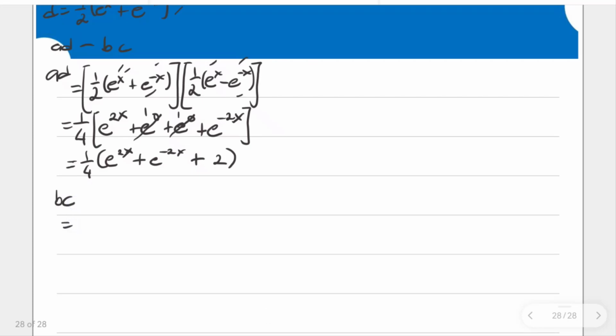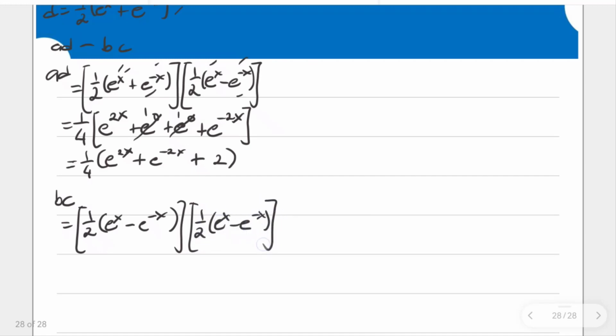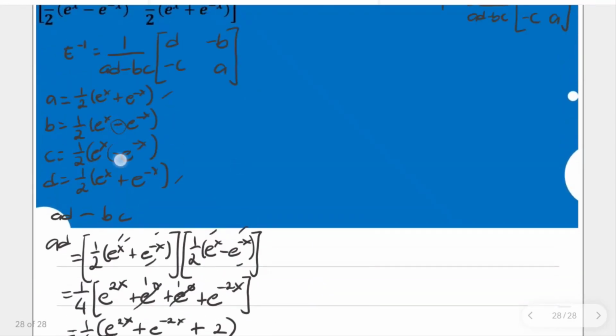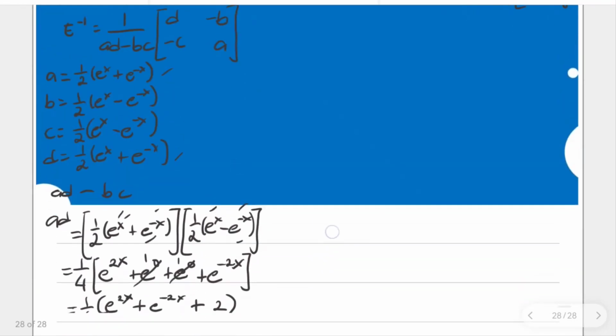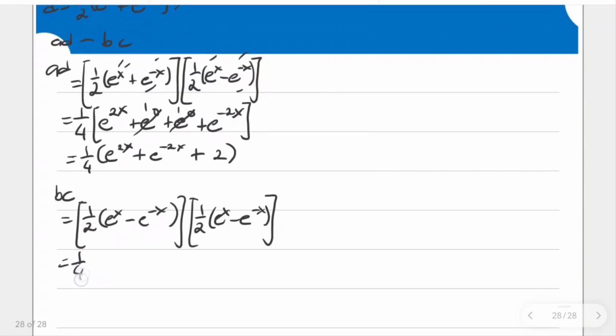Let's have BC here. The only difference is the operation between the binomials: e to the x minus e to the negative x times another 1/2 e to the x plus e to the negative x. B and C share the same operation separating the binomial. So same thing, 1/4, e to the 2x, then the next ones here and here, minus e to the 0, because negative times positive is negative, minus e to the 0.